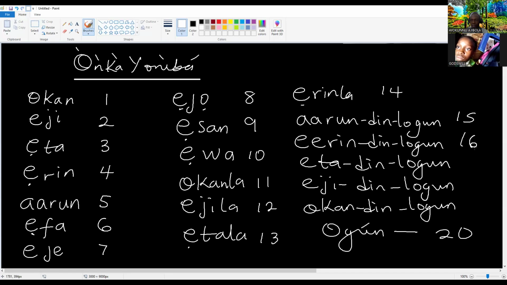That is 16. That is 20 minus 4. Is that clear? Yes, sir. When you take away eta, which is 3, from 20, you get 17, right? Yes, sir. When you take away èjì, which is 2, from 20, you get what? 18. And when you take away 1 from 20, you get what? 19. Is this clear to you?